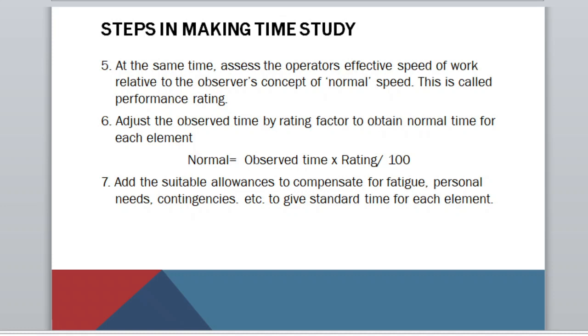For example, the company sets a standard that the normal work for a certain job should be 100% performance. If the worker only exerts 80% performance, you divide it by the normal given by the company, so 80 divided by 100.